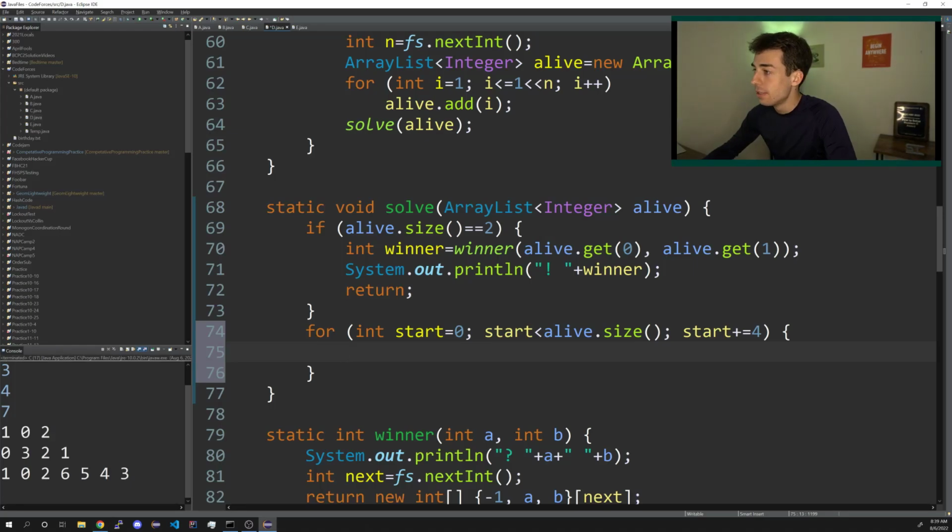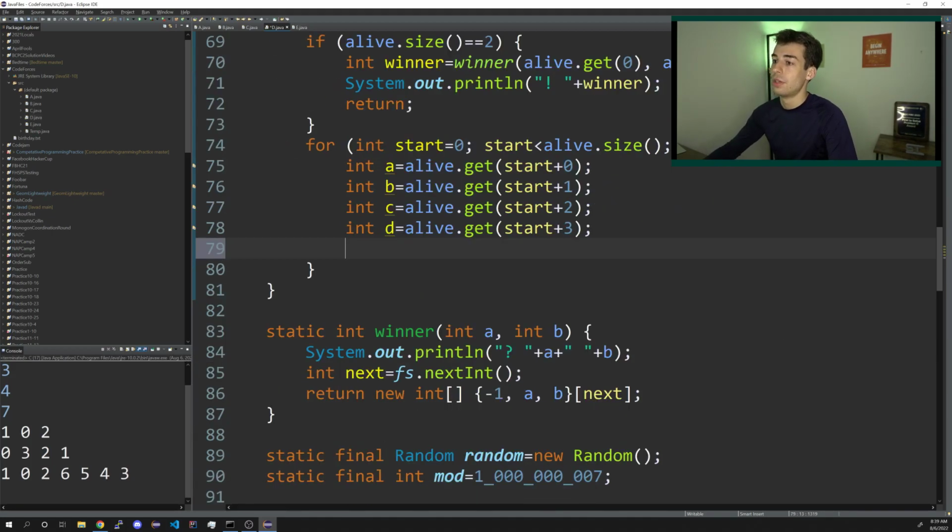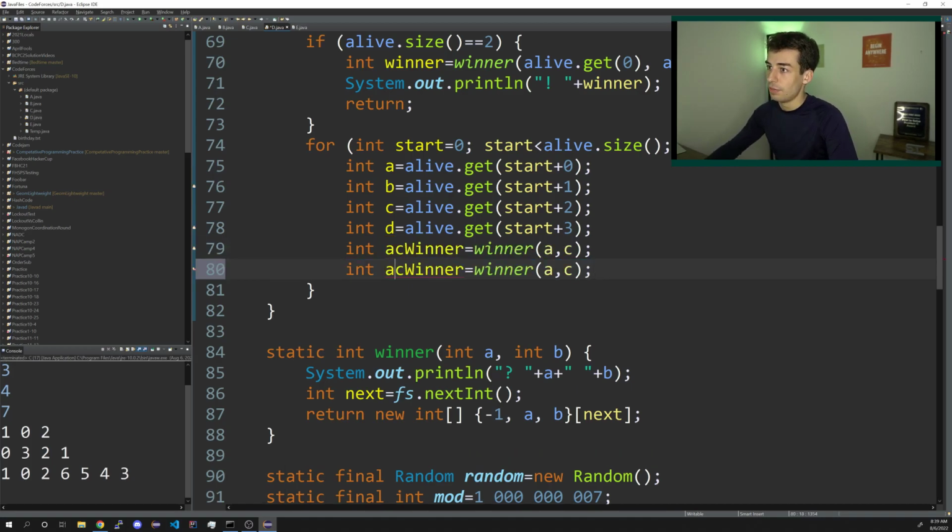Okay. So here we have int A equals alive.get start plus 0, B, C, D, and then 1, 2, 3. Okay. So int AC winner equals winner of A and C. And then we'll have B, D winner. Or no, we don't need that.